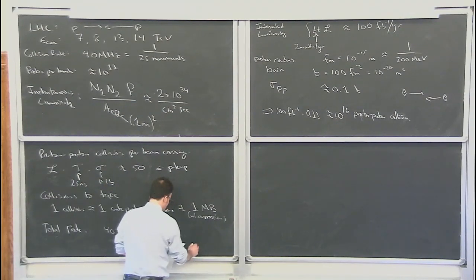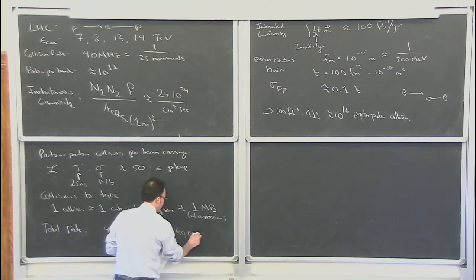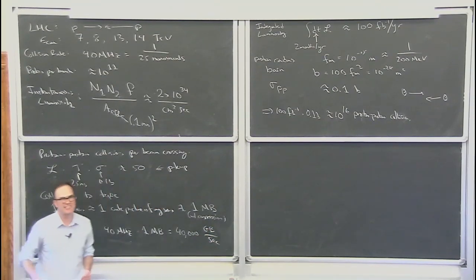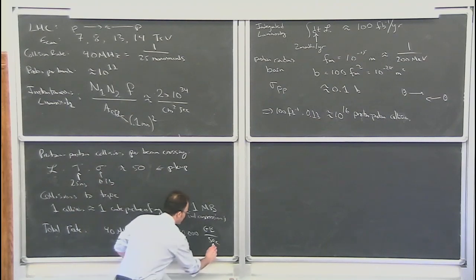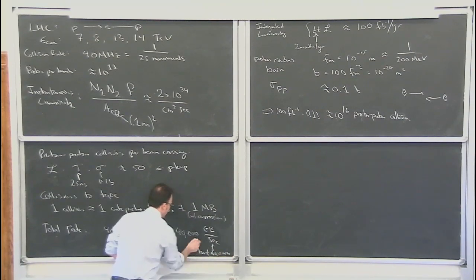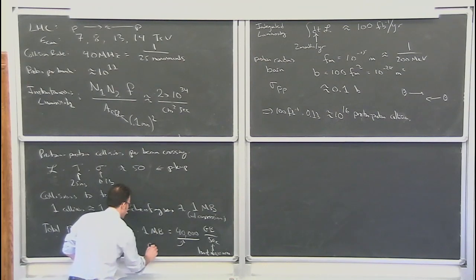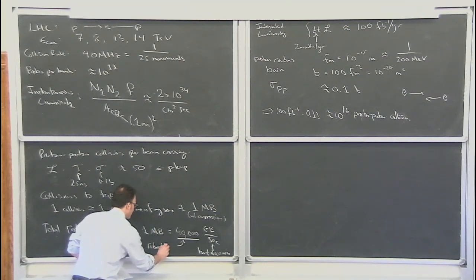That gives you 40,000 gigabytes per second. And if you have a fast array of hard drives, a gigabyte per second is what you can get from a hard drive array. So that, 40,000, is the amount by which you need to reduce your data volume.